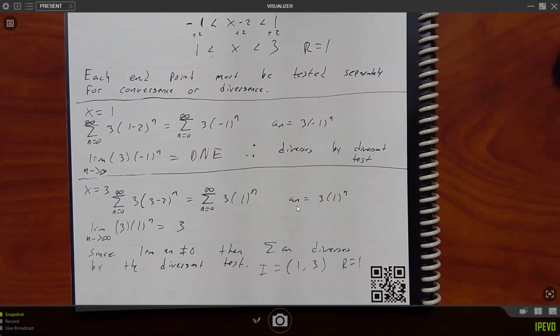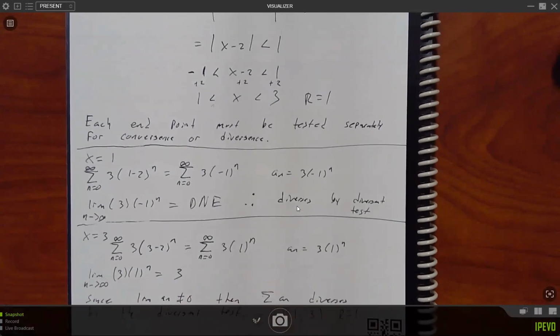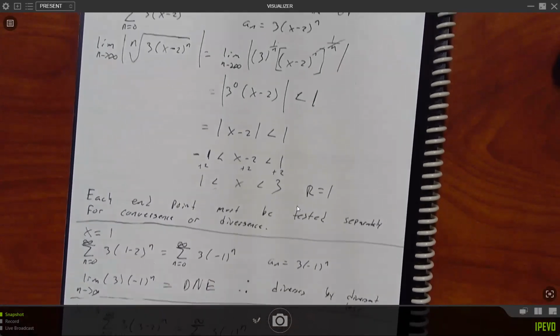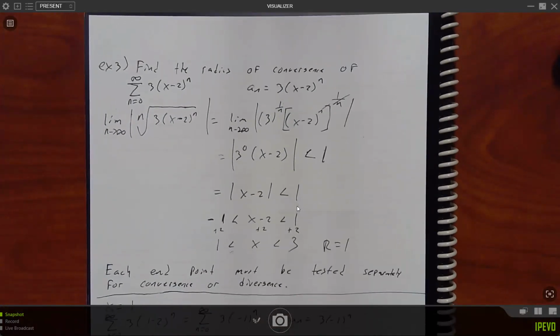You scroll it up a little bit. I need to see something on top. Okay.